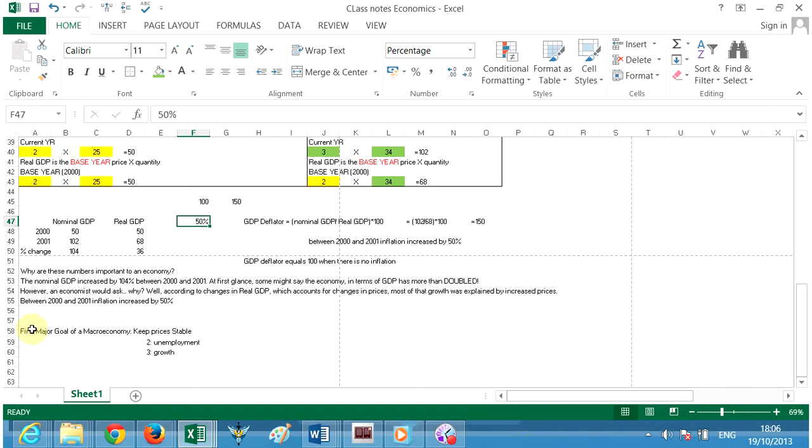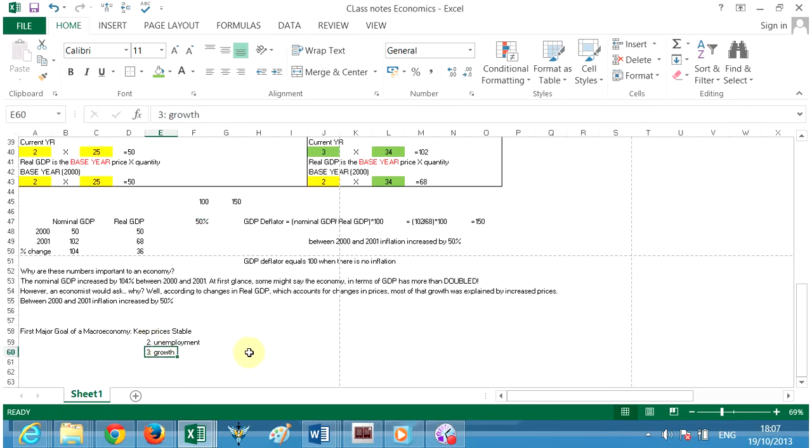So the first major goal of a macroeconomic economy is to keep prices stable so that you won't see large inflation defining growth. Okay. The next is unemployment, because they want to make sure that productivity increases and not necessarily price. So if there are more people working, they're able to produce more. So these are the three major goals of a macroeconomic economy.